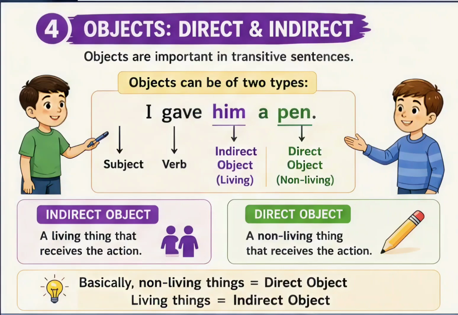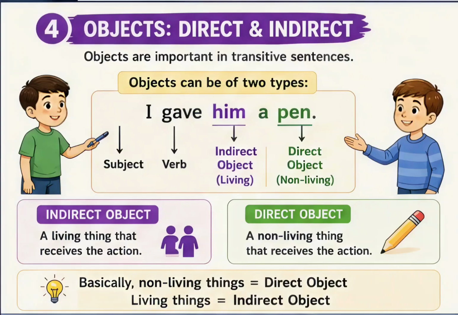But then you must have noticed that here we have him also and a pen also. So we have two objects here. Basically, the non-living things become the direct object, and the living things become the indirect object. So in the sentence, I gave him a pen, a pen, being a non-living object, works as a direct object, whereas him becomes the indirect object.